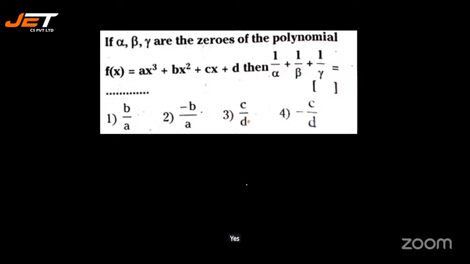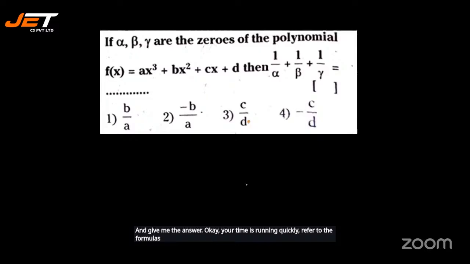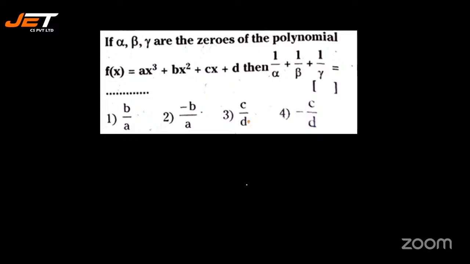Quickly refer to the formulas that we discussed yesterday and give me the answer. Your time is running. Is it option 1, 2, 3, or 4?